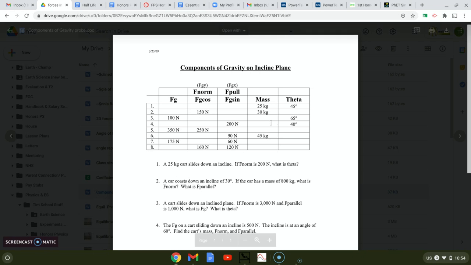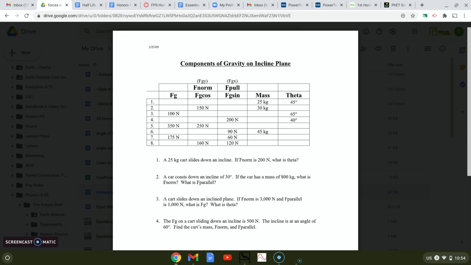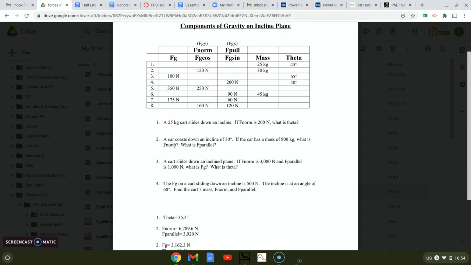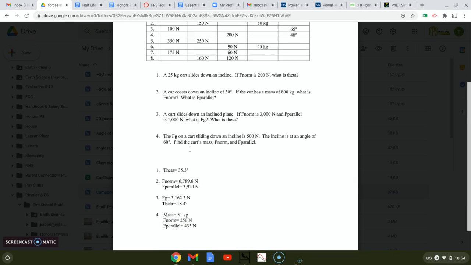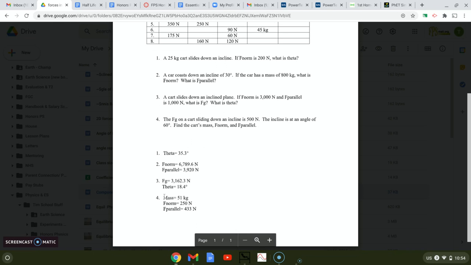And so what you need to do is you just need to fill out this table with what I'm giving you. I'll give you a few things. Use the equations from the video, and solve for everything that's missing. My answer key should be at the front of the room so you can check those. Then work 1, 2, 3, and 4 until you get good at those, and then practice those.